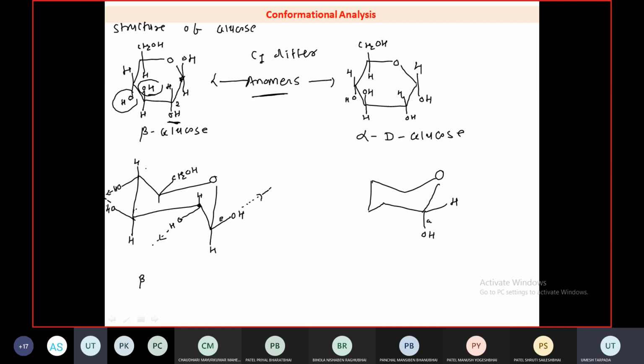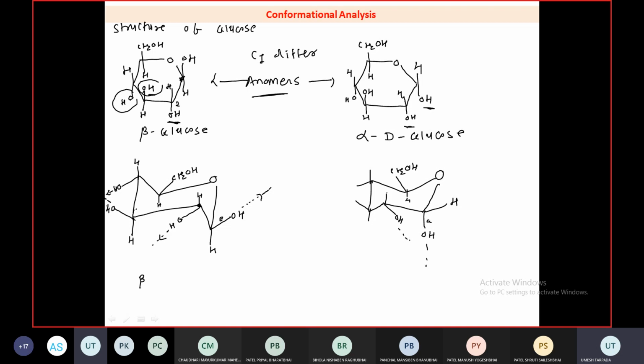So in this way, you can draw the structure. You just extrapolate the groups. Whatever group is there, you can just extrapolate it, so you get an idea about whether two groups are trans or cis. This OH group is in a downward direction. These two are on the same side, both downward, so you can put this also in a downward direction.